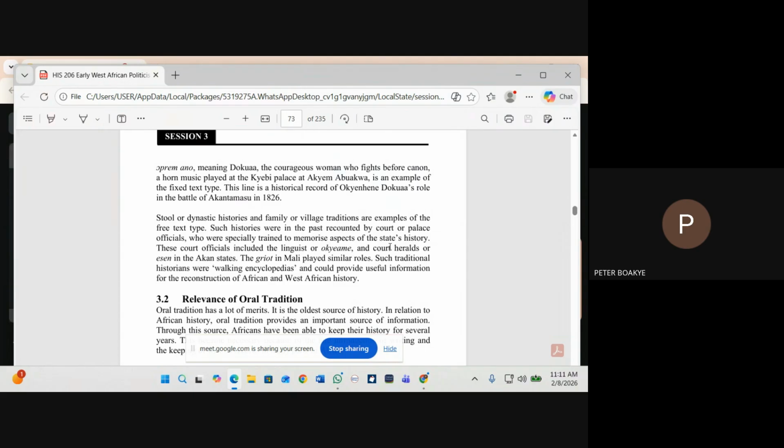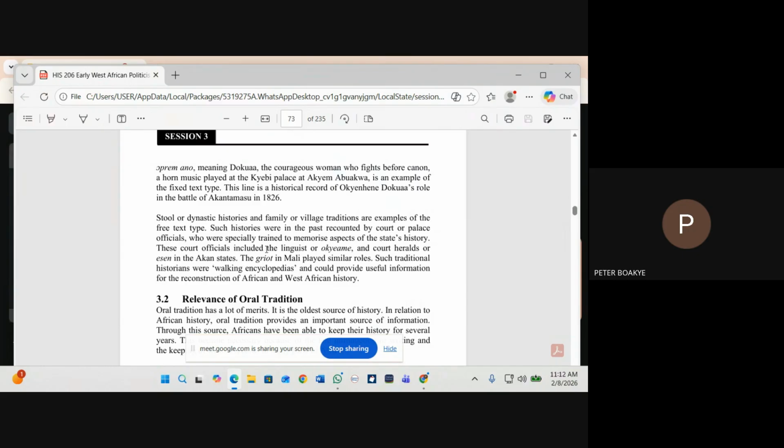Such histories were in the past recounted by court or palace officials, those who were officially trained to memorize aspects of the state history.